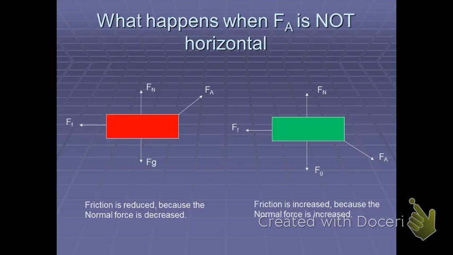So in the green box scenario, we have gravity pulling down, and then we have an additional force of the individual pushing down on the box. And so in order to keep it on that flat surface, we must increase that normal force, which in turn increases the amount of frictional force in the object.